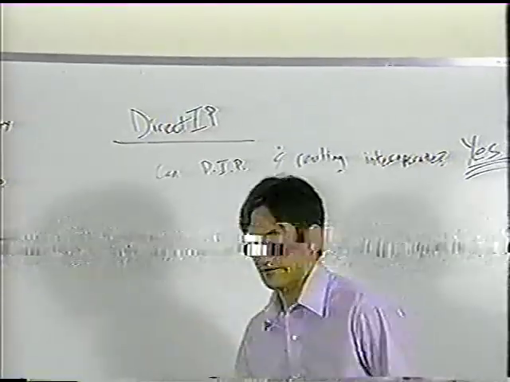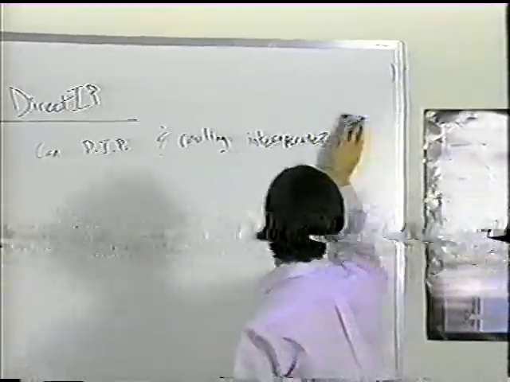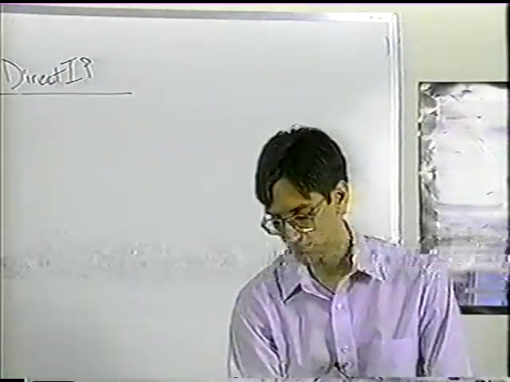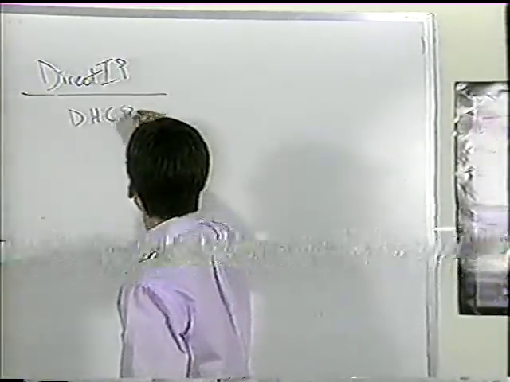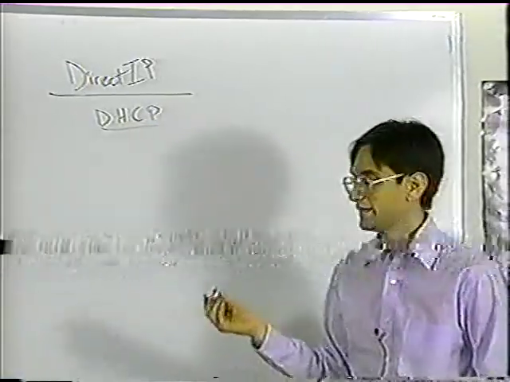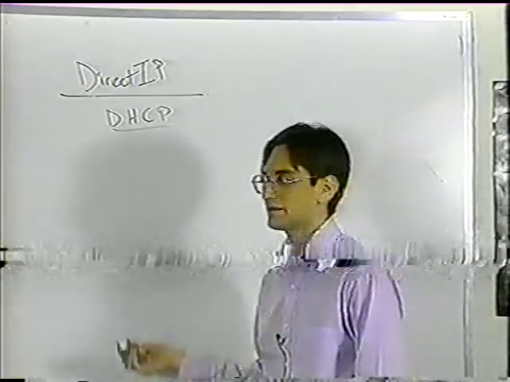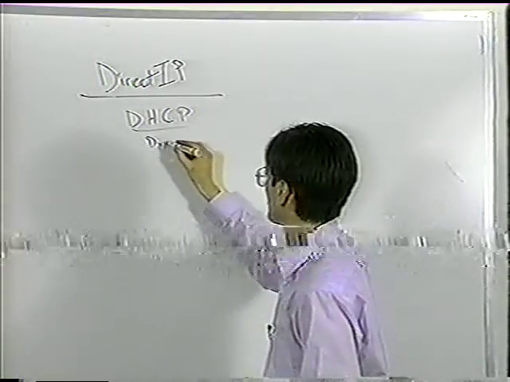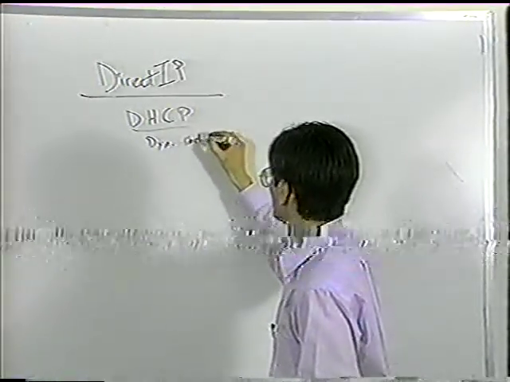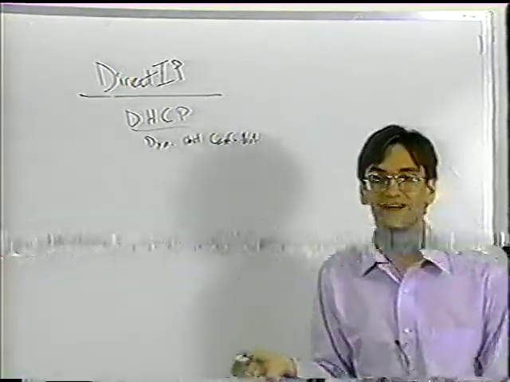Now let me talk a little bit about DHCP. DHCP is a standard protocol. It's an extension of the BootP protocol, which I have described before, which stands for, I believe, Dynamic Host Configuration Protocol, something similar to that.